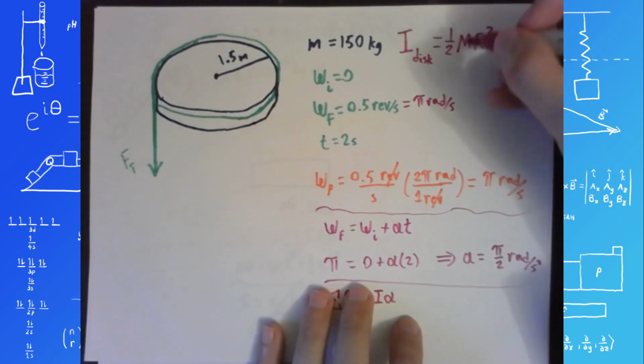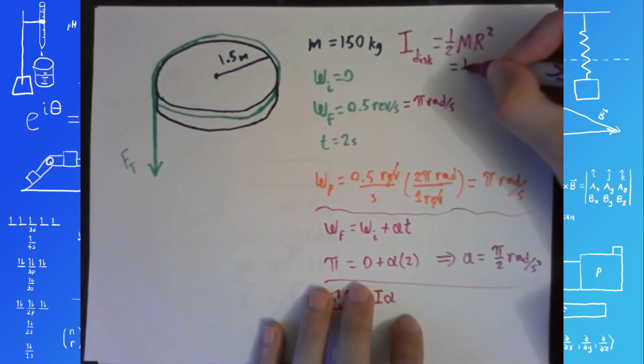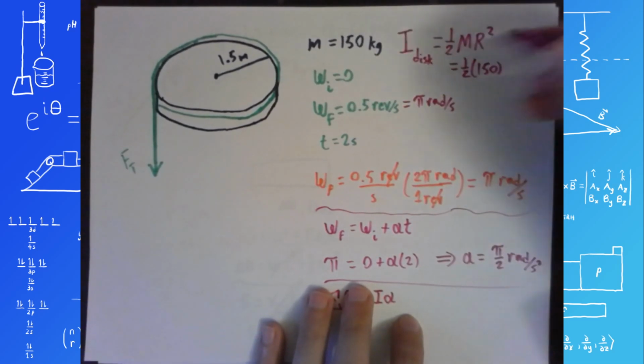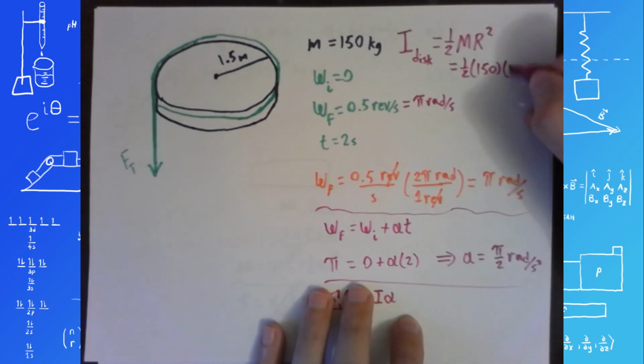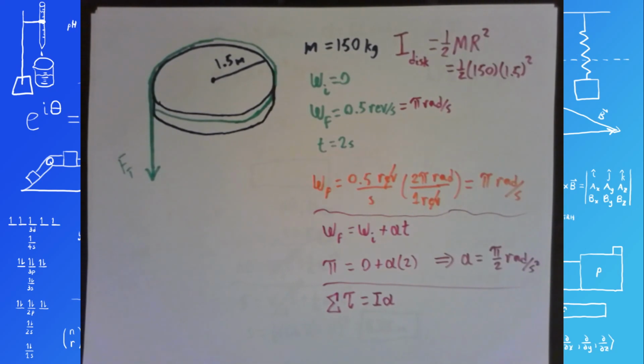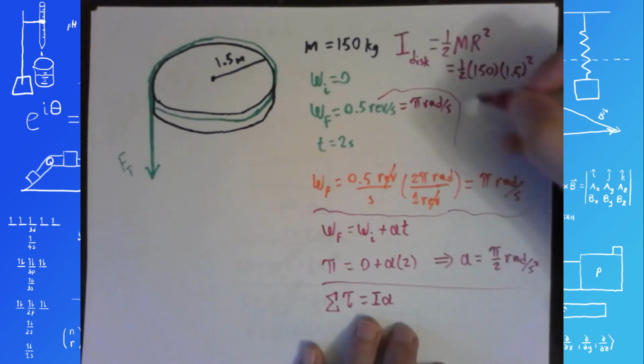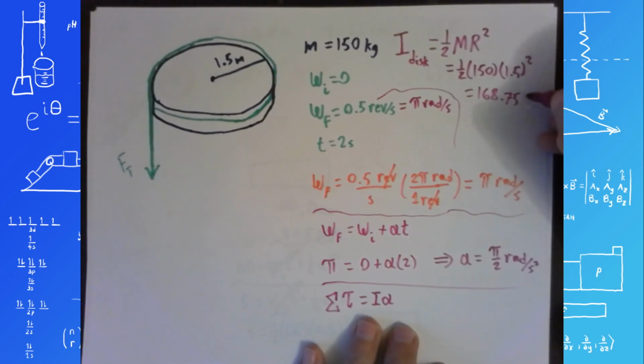So in our case, it's going to be 1/2 times 150 times 1.5 squared. Okay, half of 150 is 75, and 1.5 squared is 2.25, so 75 times 2.25 is 168.75 kilogram meters squared.